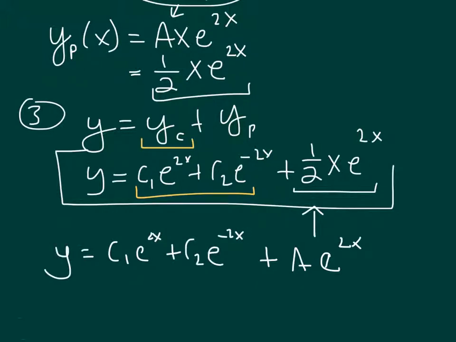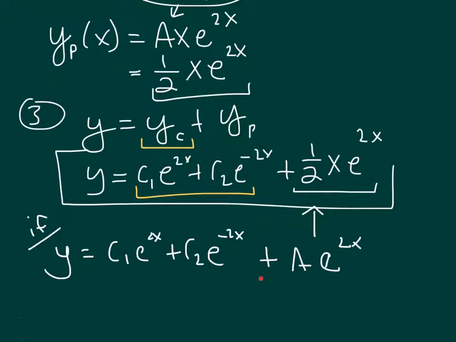If I wrote this and said, okay, this is the most general solution to the non-homogeneous equation, I want you to see that hopefully this looks a little strange, or maybe redundant. This part is a constant times this exponential function, e to the 2x, plus a constant times an exponential function raised to the negative 2x.